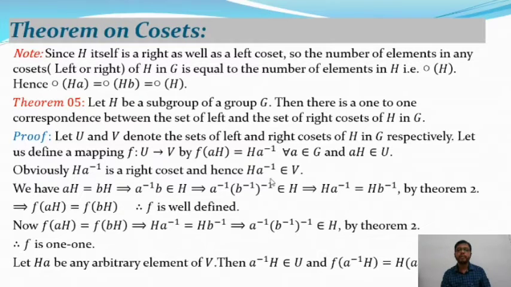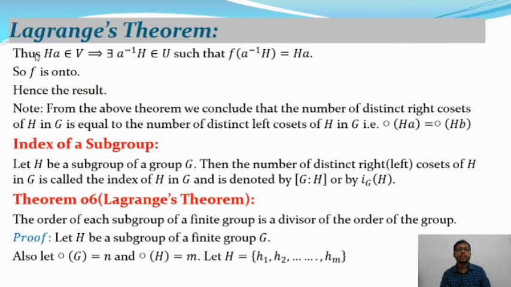And applying the above relation, f of H is equal to HA inverse. So from this relation we will get f of A inverse H is equal to H into (A inverse) inverse, that means HA. So therefore HA belongs to V.